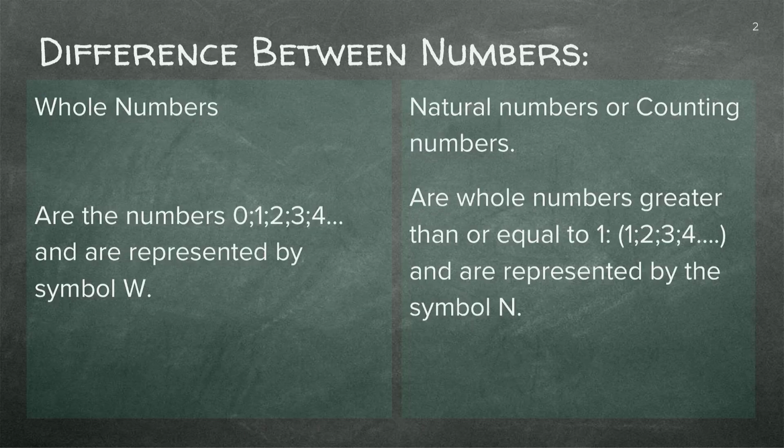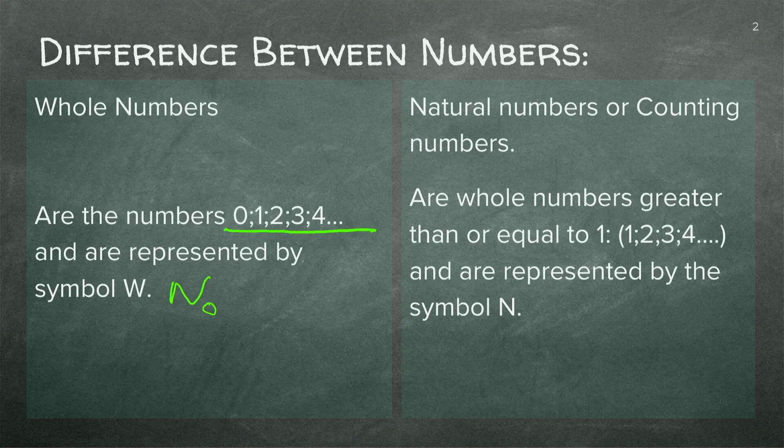Cool. Right, whole numbers. What is the difference between a whole number and a natural number? If you look at your screen, you get the definition there. Whole numbers are the numbers 0, 1, 2, 3, 4 to infinity, represented by the symbol W, or in some books N0.